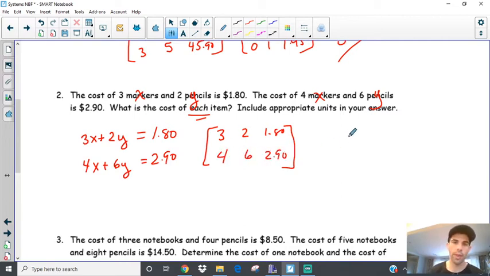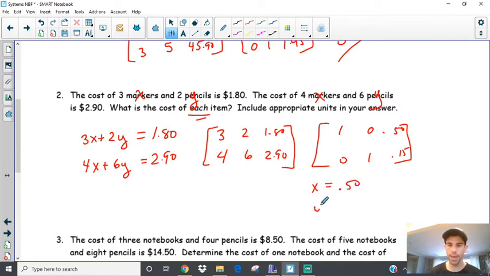I would go ahead, throw that into my calculator, and get 1, 0, 0.5, and 0, 1, 0.15, which means the cost of a marker is 50 cents, and the cost of a pencil is 15 cents.